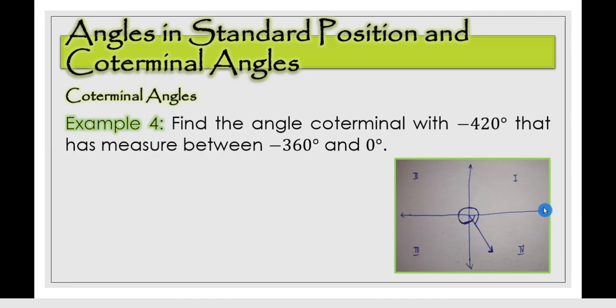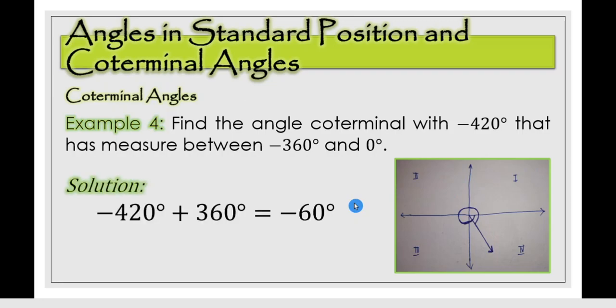From the initial side, which lies on the positive x-axis, simula dyan, umikot siya in negative direction or yung clockwise, that is negative 360 plus another negative 60 degrees, that would be negative 420 degrees. So, we can say that yung hinahanap natin coterminal angle ni negative 420 is yung negative 60 degrees. Or simply, negative 420 degrees plus 360 degrees is equal to negative 60 degrees.